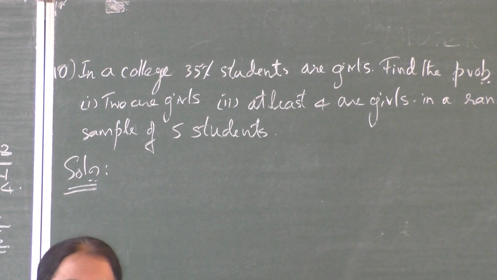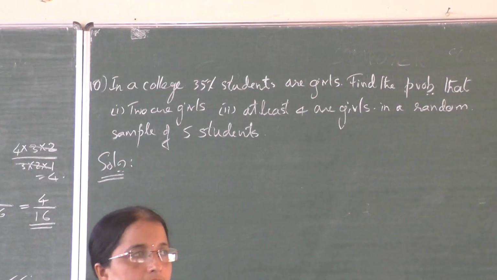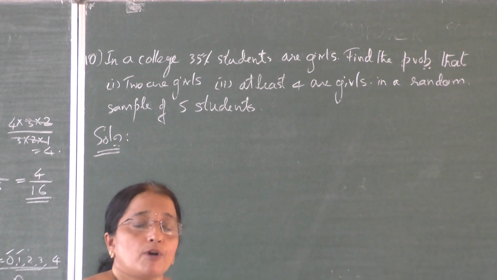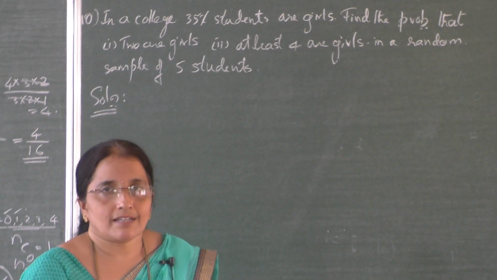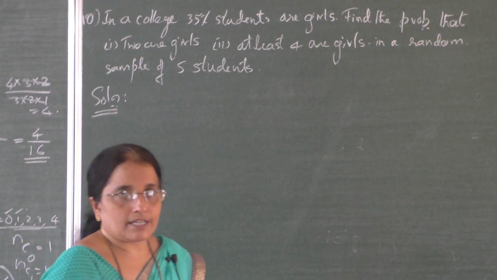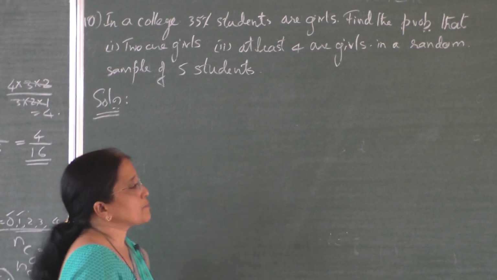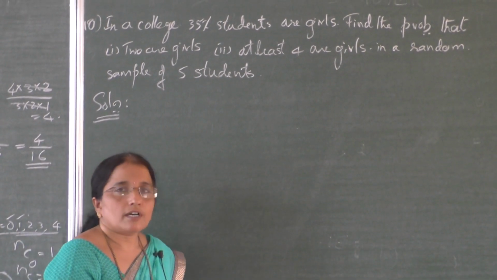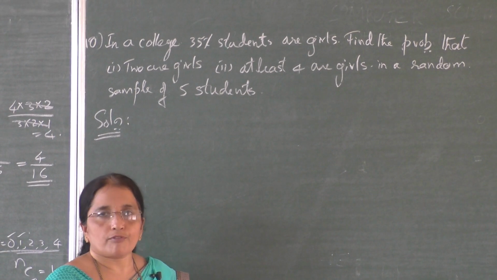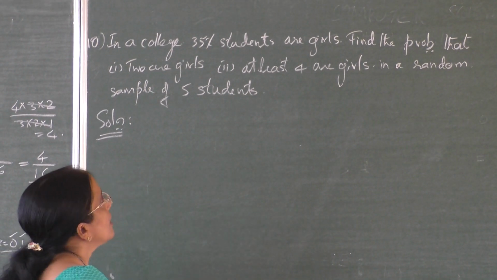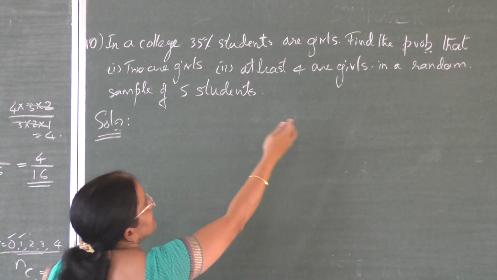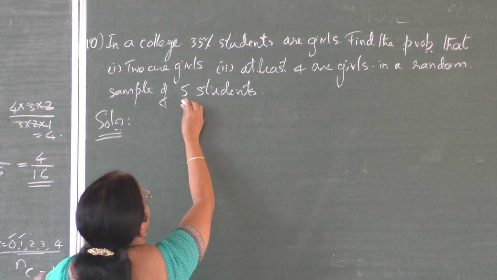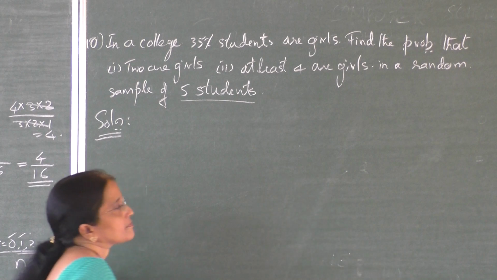Now here it is just related to the number of female children in a family when there are 5 children, etc. We learned that in the earlier class. Now here the random experiment is related to the number of girls or number of boys, right? So here in this problem, consider a random sample of 5 students.